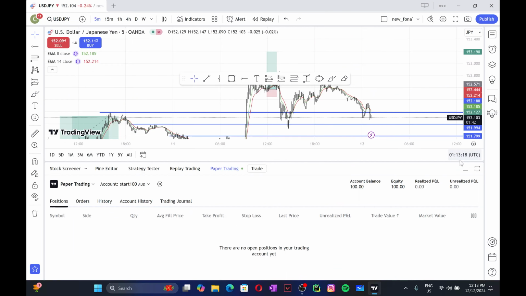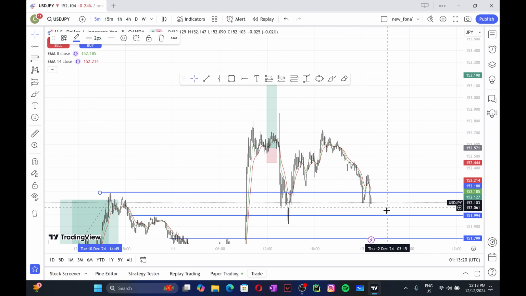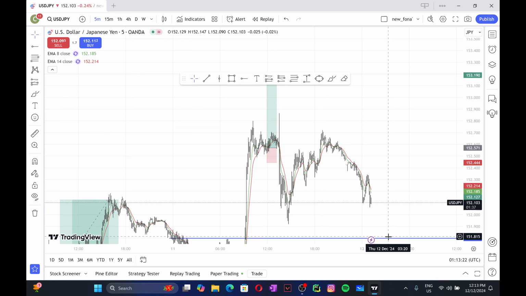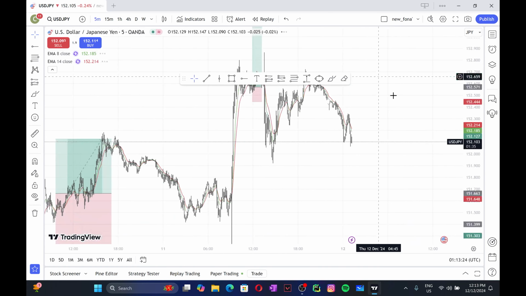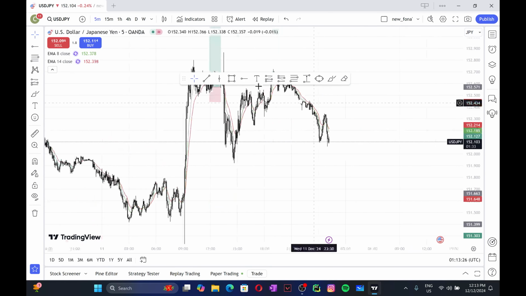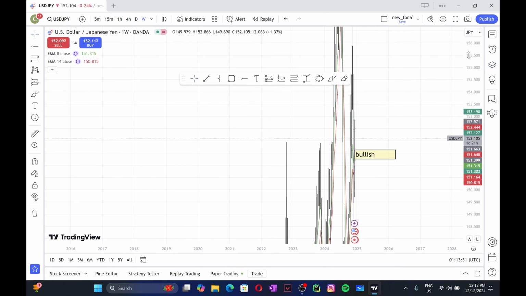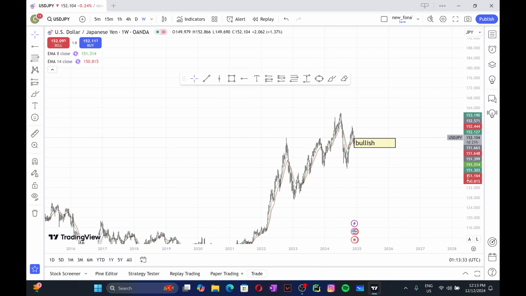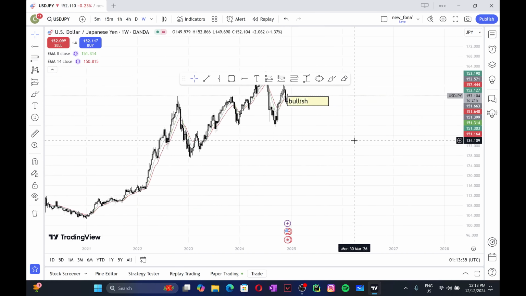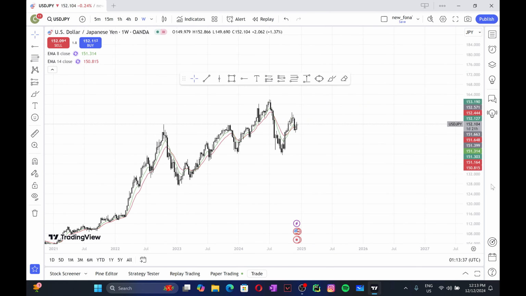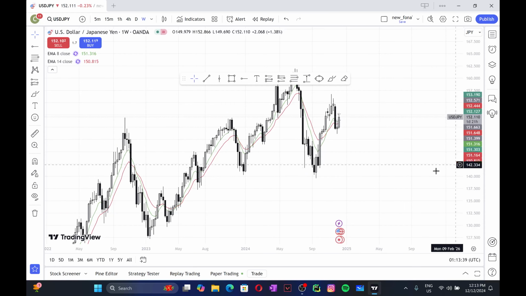Okay, so what I'm gonna do is remove all these markups, and let's get started. Right now, let's go into the weekly time frame and see how the graph is. In the weekly time frame, it's going upwards.